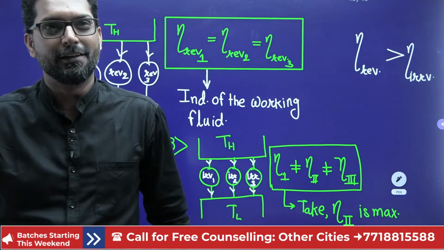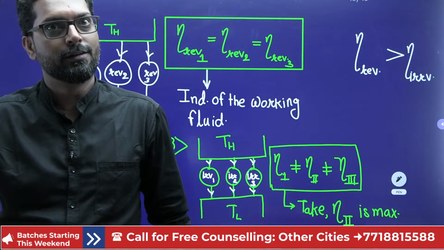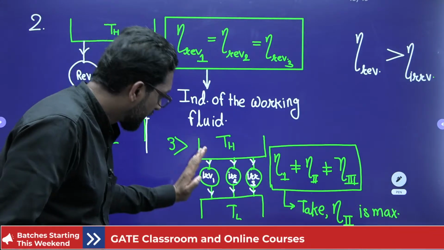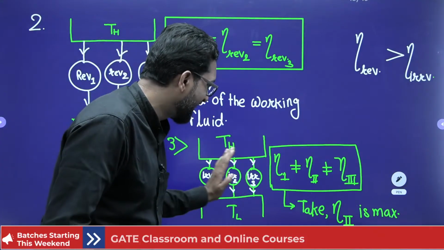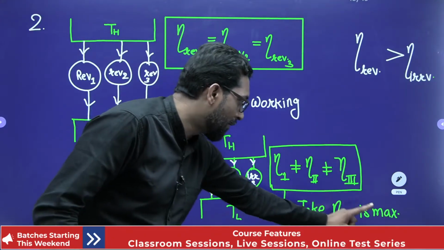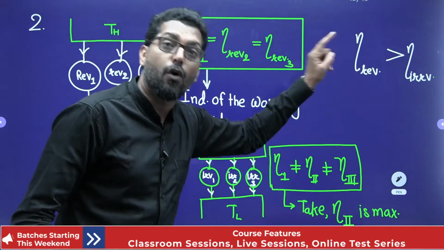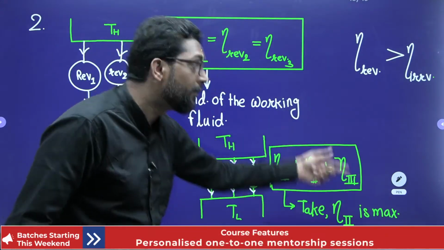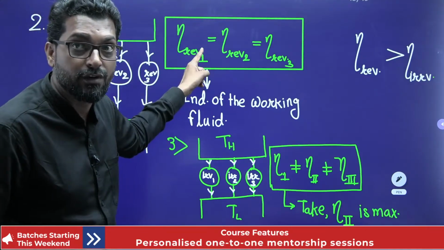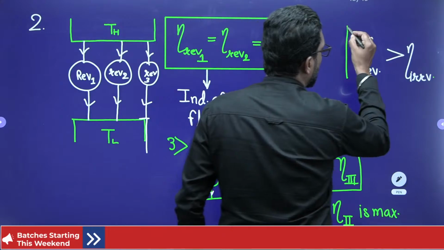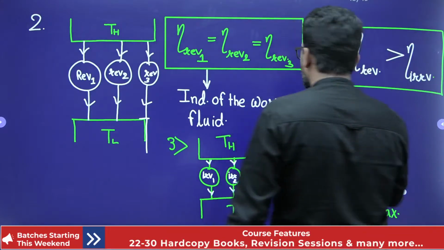This is the beauty. That means if irreversible cycles 1, 2, 3 are there and one has the maximum efficiency, that maximum will also be below the efficiency of the reversible cycle. Is it clear, everyone?